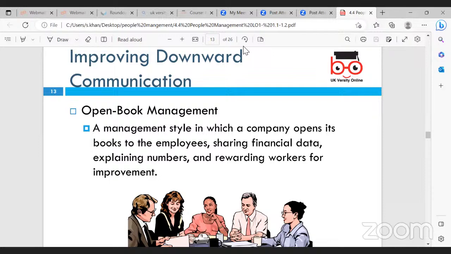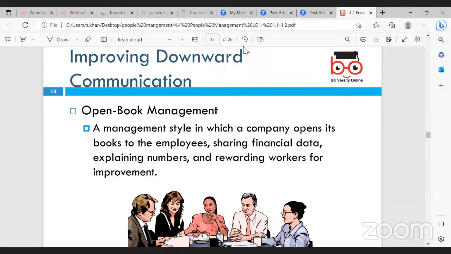Do you think open book management is a good style to use in a company? Yeah, to know your employees. Yeah, to know your employees, but also to identify how well the company is doing, and also rewarding the employees.